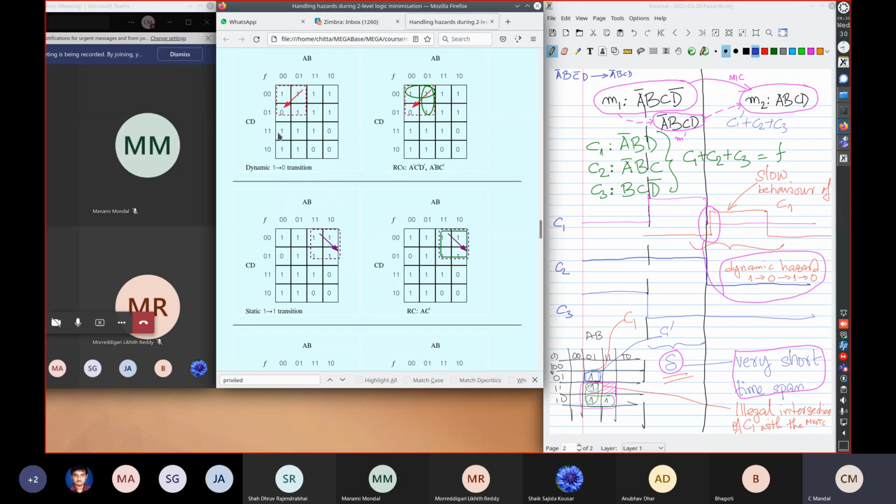Can anyone try to tell what kind of a cube this is? Yeah. So first of all, it's a 1 to 0 transition, right? So this is a privileged cube for this transition.